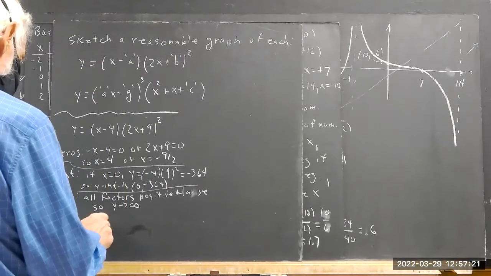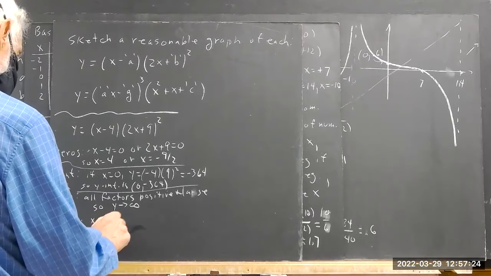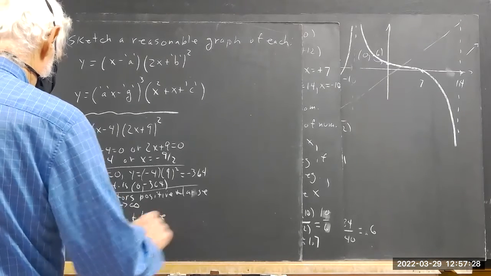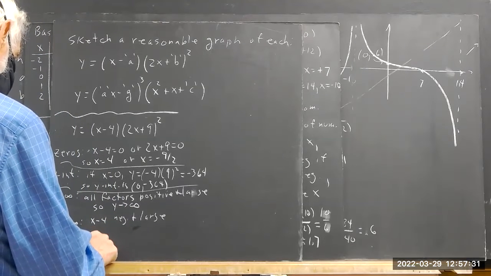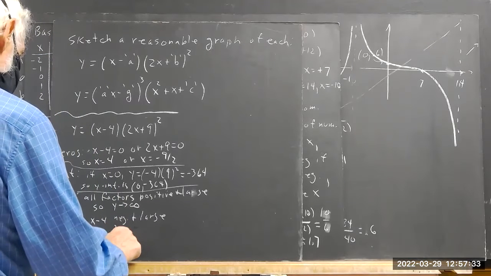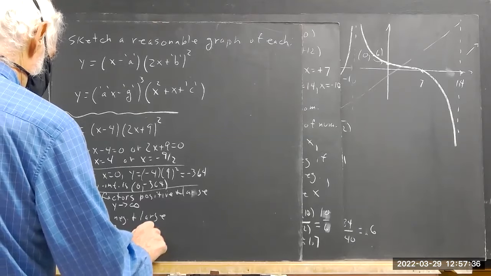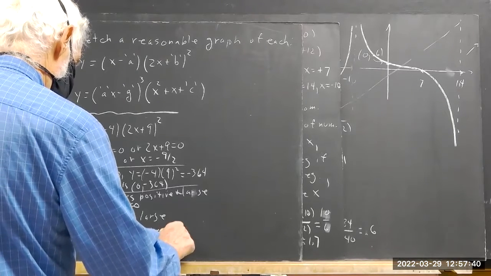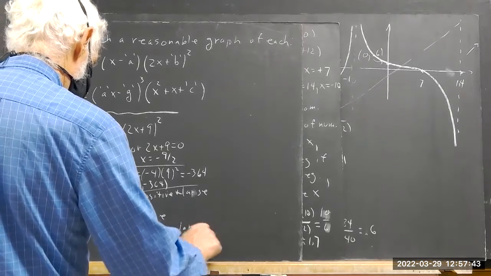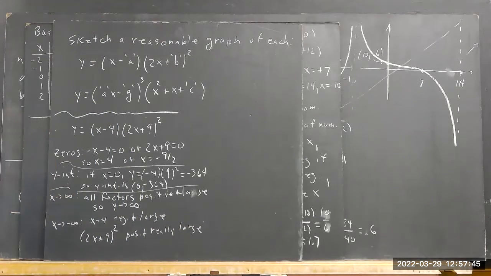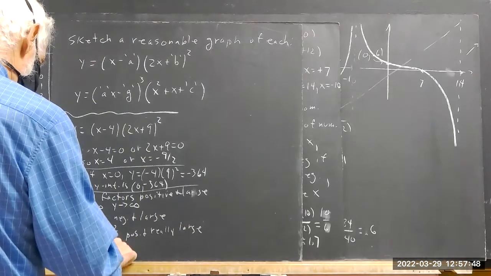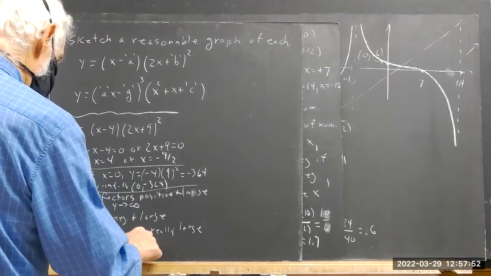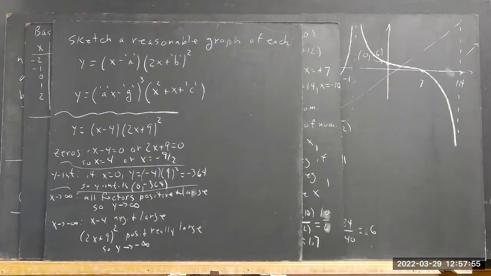I'm going to say that x minus 4 is negative and large. Two x plus 9 squared is positive and really large. So y goes to negative infinity.